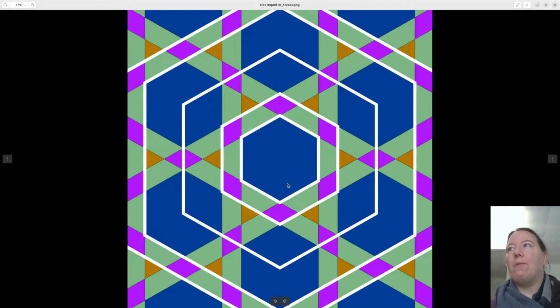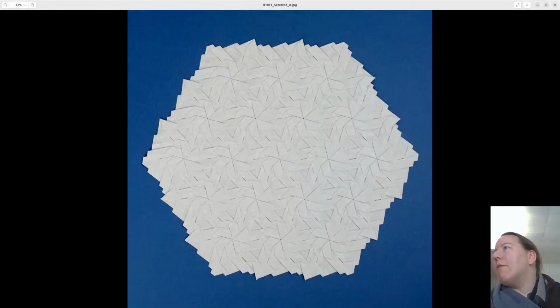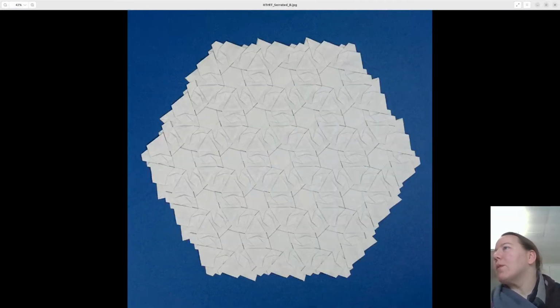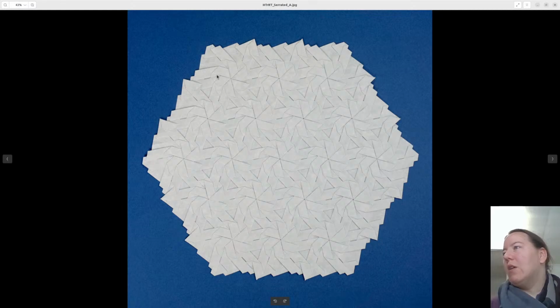So for the case of serrated, where I folded out to just past the 3rd ring, so I've got 3 layers of repeats.